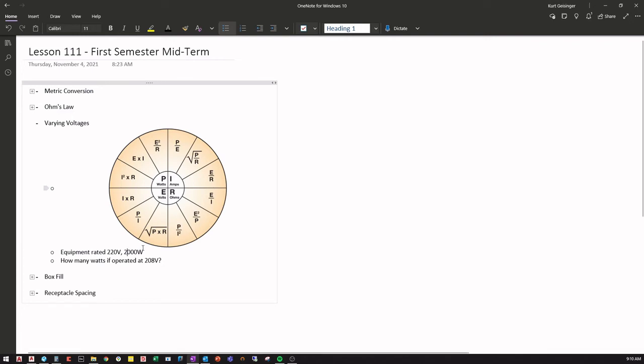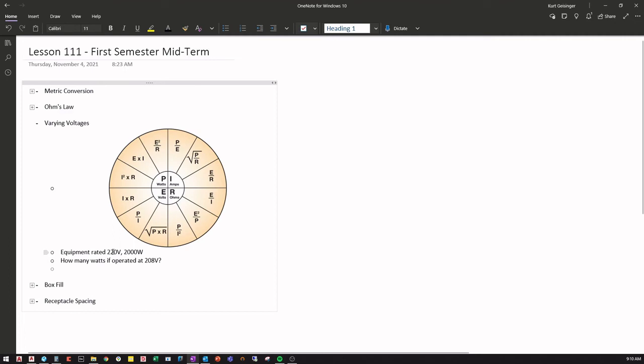So what we're going to do is use the two values that we do know already, on the rated side. So here's what it's rated, so we can use these values together. But we can't use these two values with this at all. They're going to become irrelevant once we get down here. So we're going to use these two values that we do know on the rated side to find the resistance, right? So we're looking for resistance here. We know volts and we know watts. E squared divided by P, right? So again, we're going to use the rated values.